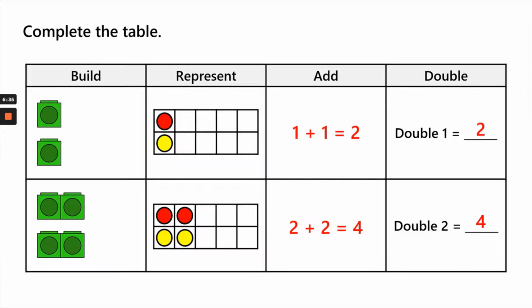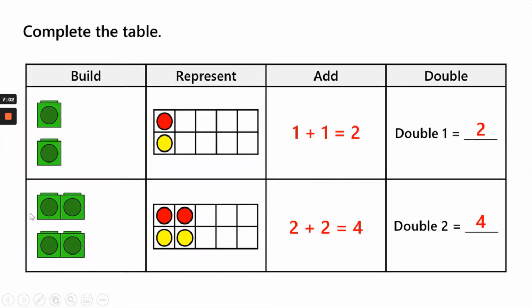Now I've shown you these to show how we can represent doubling in different ways. We can represent double with blocks and cubes. You can build those if you have cubes in the classroom or at home, or counters or something that can represent your equal groups. But when we look at it in a 10 frame to help us see our doubling groups, we use different coloured counters.